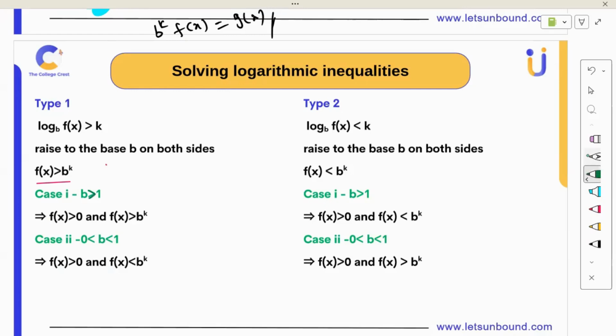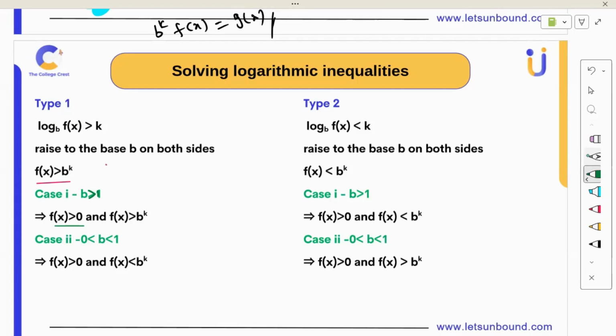If your b is greater than 1, then the sign will follow as it is. Whatever the inequality has, after raising it will be the same. And why does f of x greater than 0 come up? Because whatever we are giving as an input to a log should be positive, the basic log fact.